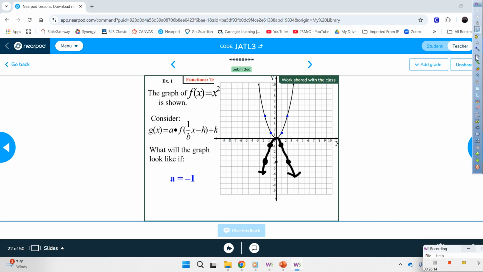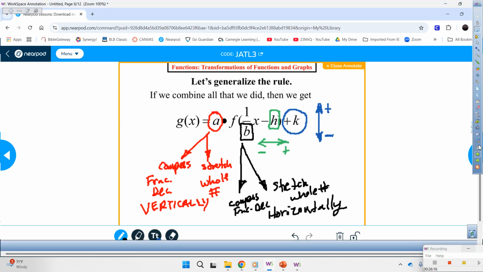All right, so let me go back to our notes really quick. Look up. For those of you that missed that question, what shall we add in regards to a little note here for A? What would be a note to remember, guys? Tell your neighbor. When A is negative, what do we do to the function?